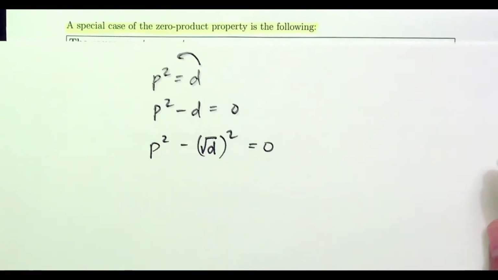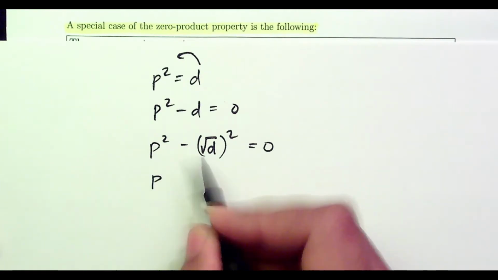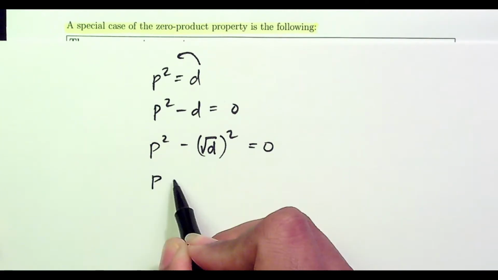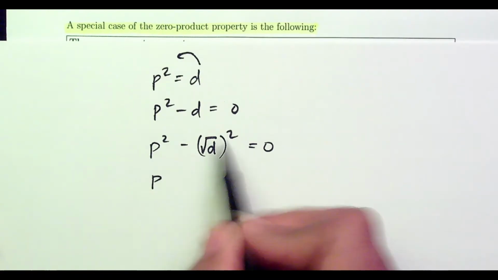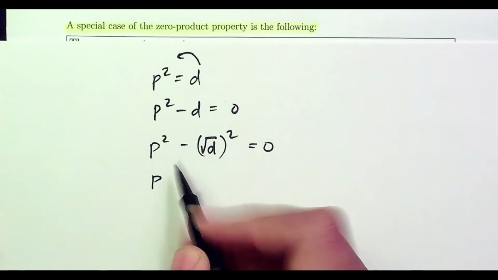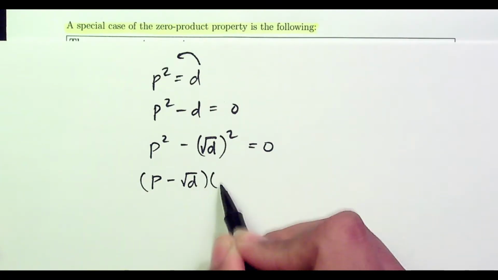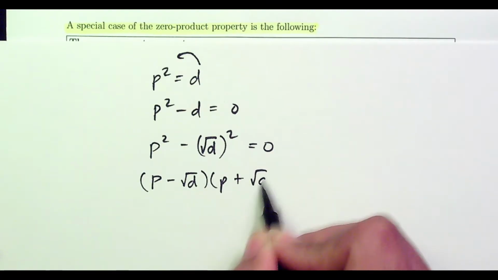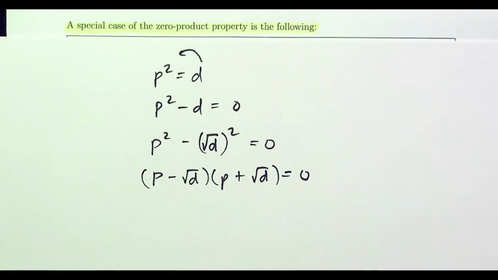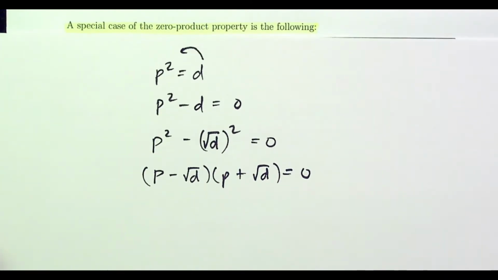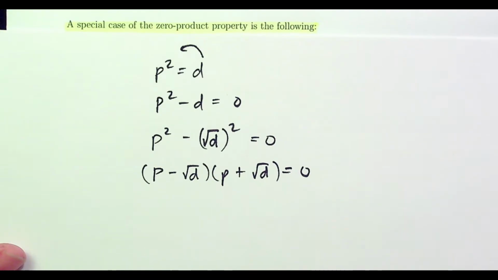Now you see that this is a difference of squares, so you can factor it. Remember, the first factor in the difference of squares formula is what you get when you drop the squares. So the first factor will be p minus the square root of d, and the second one is the same but with a plus in the middle. According to the zero product property, these two things multiplied together give you 0.